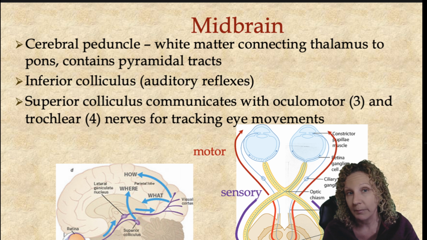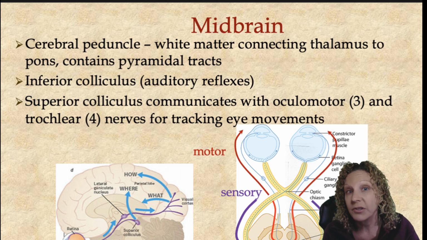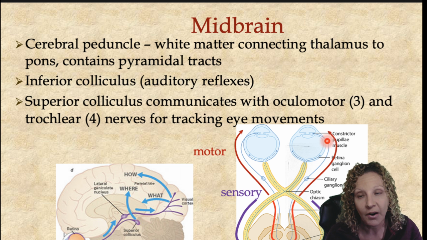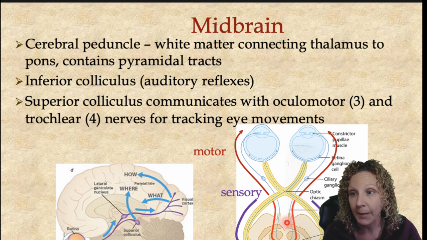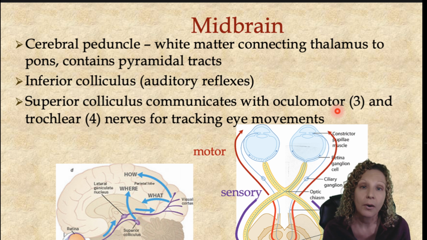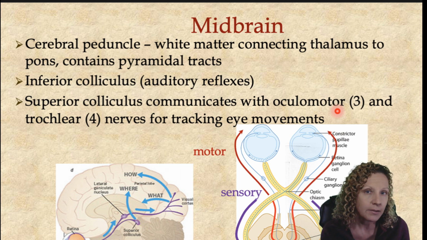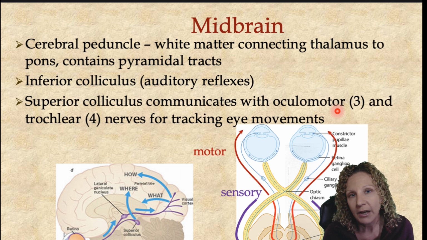Now, information from the optic nerve is obviously going to go up to your cerebrum to be perceived as visual information, but there's also information that goes to the superior colliculus, and then you can see these are efferent signals out to the eye muscles. That's where I say motor, and that's in red. And so that's to track things. It's an interesting thing to know, that it's this lower brain function for tracking.